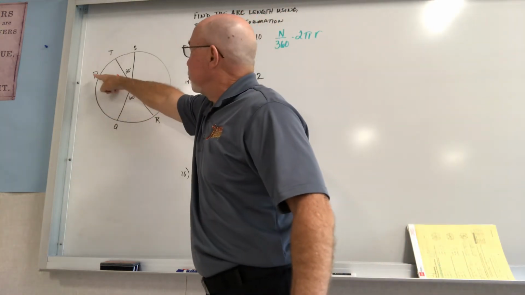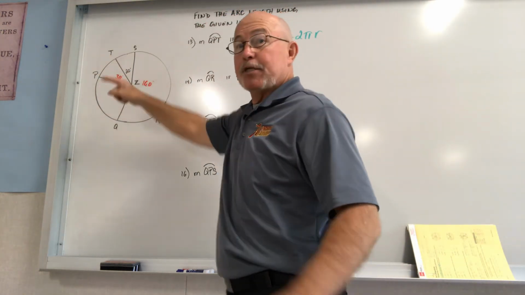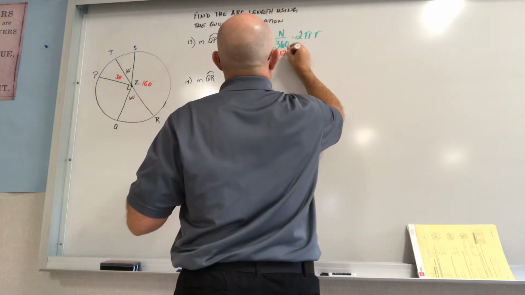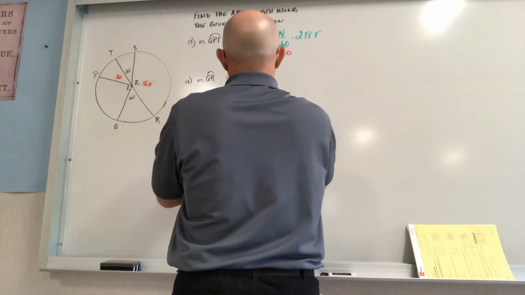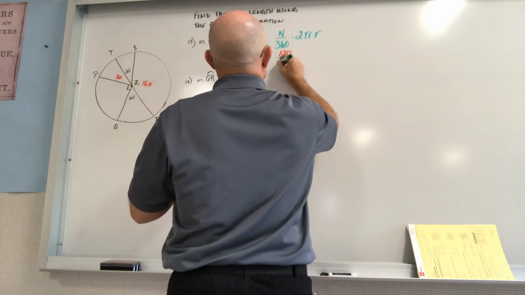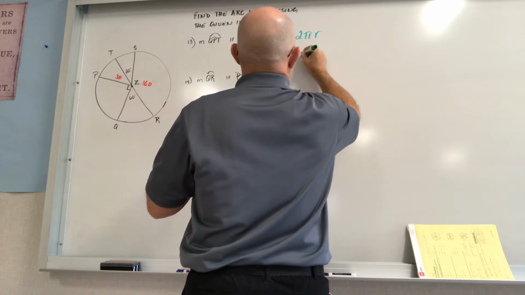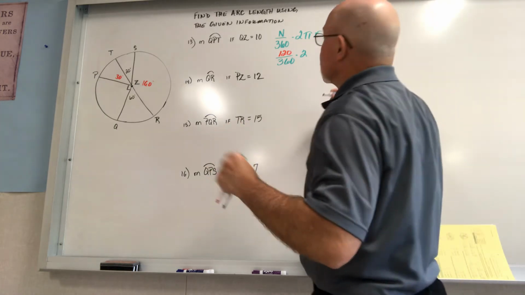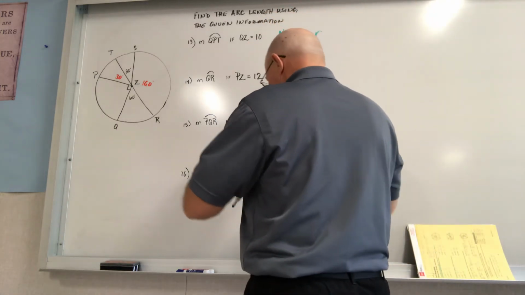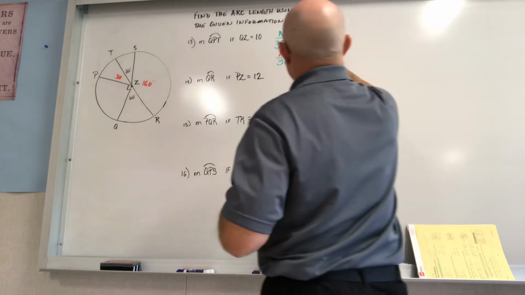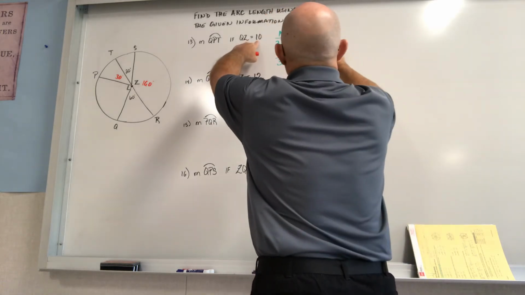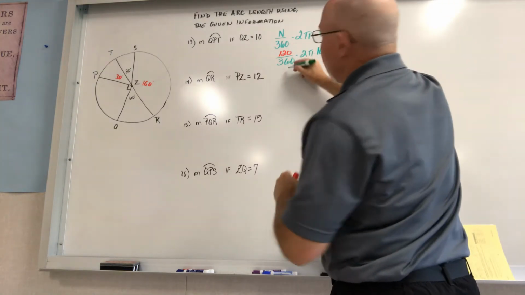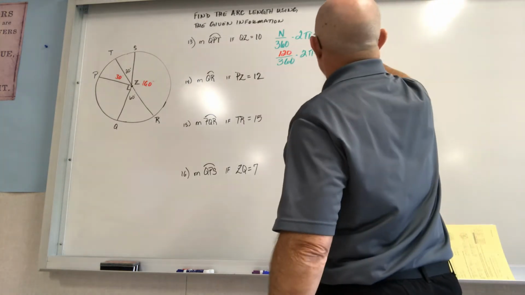Well, from Q to P to T, 90 plus 30 is 120. Pi, we're just going to use 3.14 for this. We'll make that at the end just so you'll see the two different ones. Times pi times 10. So what I have now, 120 over 360 is 1/3.